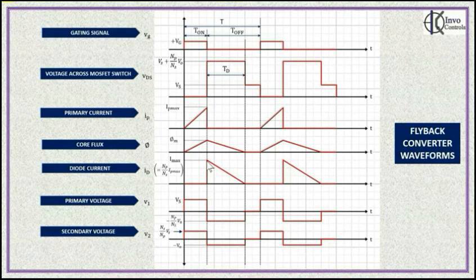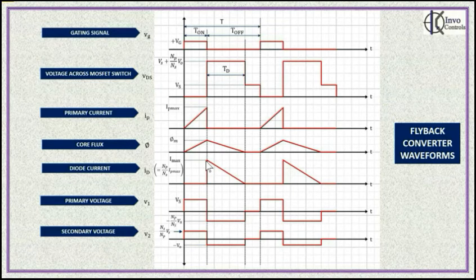Look at the relationship here. The primary current has gone from the maximum value down to 0 abruptly, and at the same instant the secondary current has risen from 0 to a value I max. There is of course a distinct relationship between the two currents as per the transformer equation.